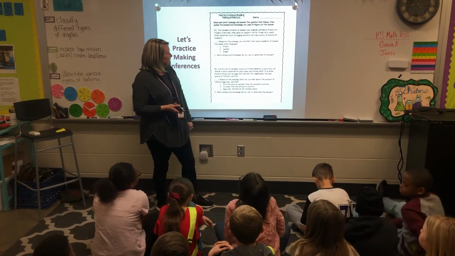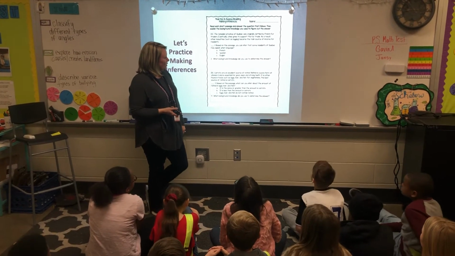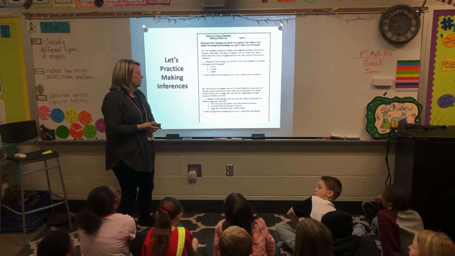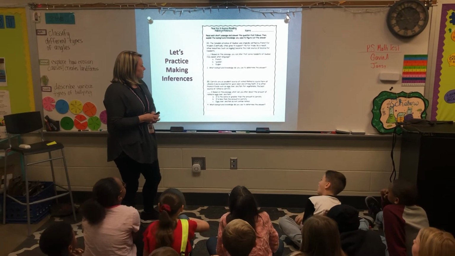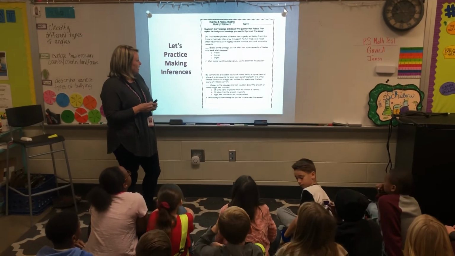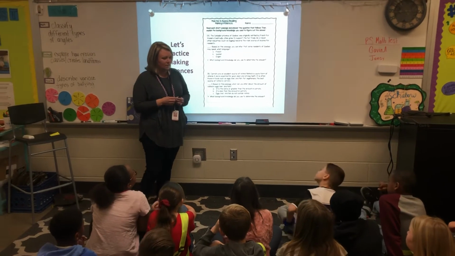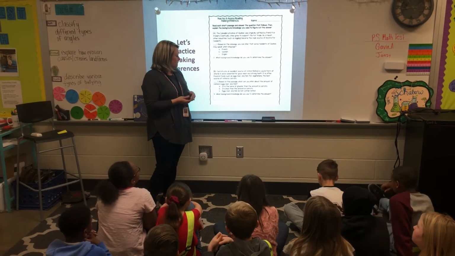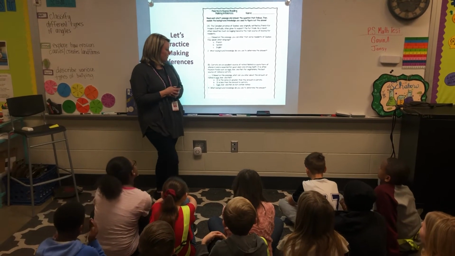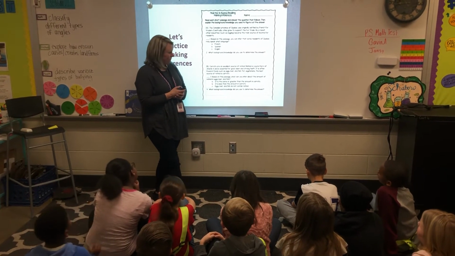"Carrots are an excellent source of retinol. Retinol is a pure form of vitamin A and is essential for good vision and strong teeth. It is often found in foods such as eggs, liver, and fish. For vegetarians, the best source of retinol is carrots." Okay? So based on this passage, what can you infer about the amount of retinol in eggs, liver, and fish?